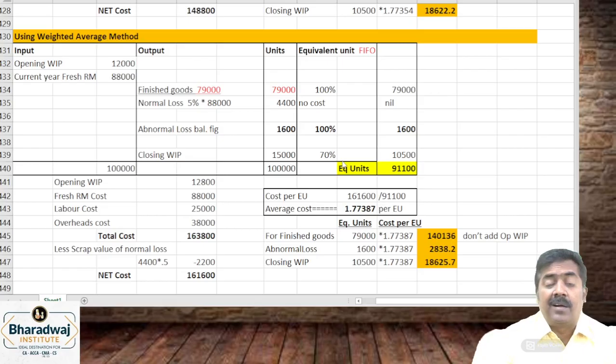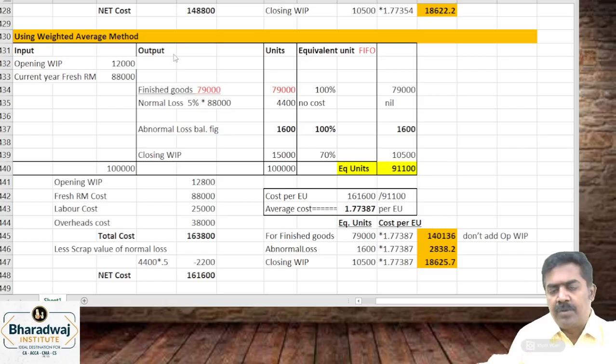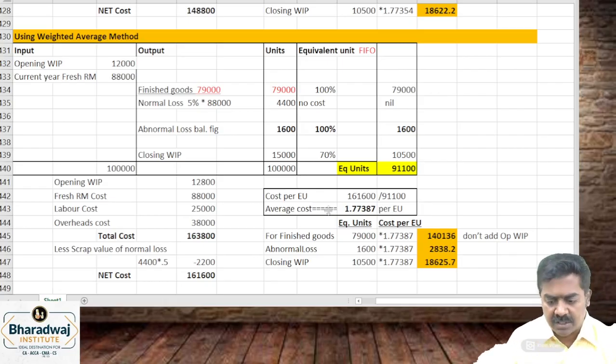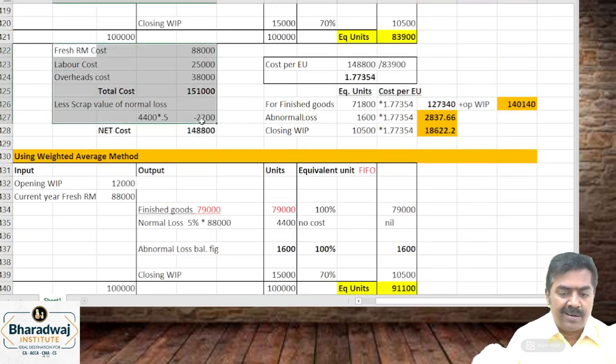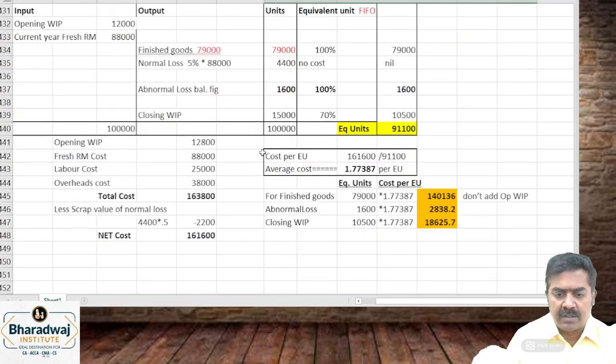To allocate the cost properly between finished goods and which one? Work in progress. Finished goods, of course, output first opening WIP, then current year input, like that we classify. In average cost method, no such classification. In FIFO method, we take only what? Current cost and allocate. Opening WIP is added with output transfer.